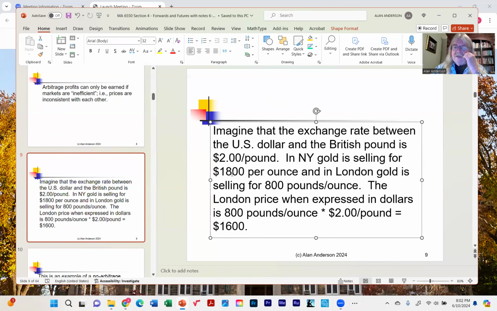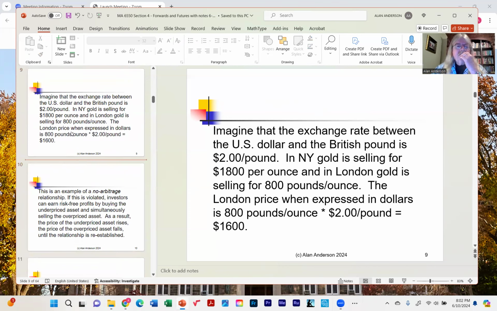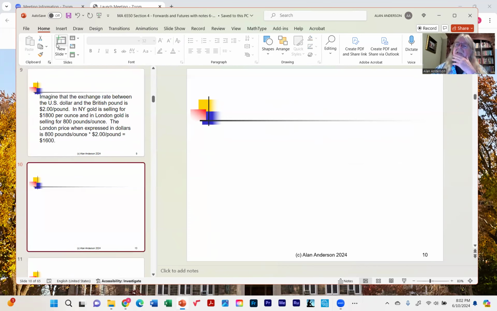Well, it's a big deal because look what you could do now. I'm assuming again, you have the ability to buy and sell this asset. You're a dealer in this market, or you work for an investment bank or whatever.